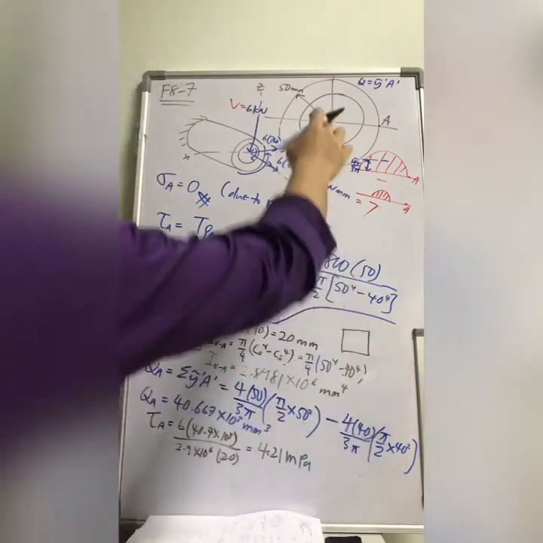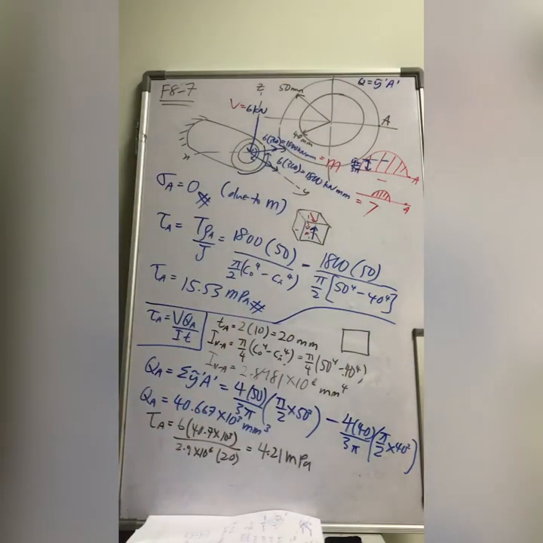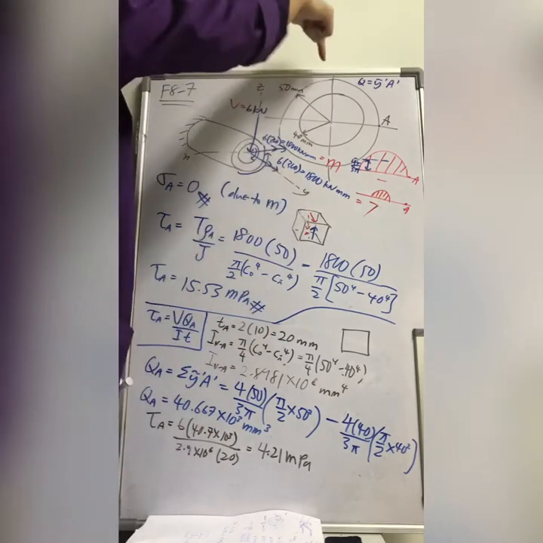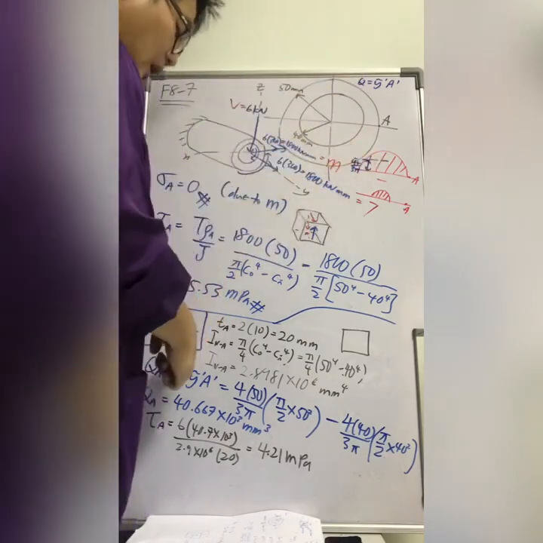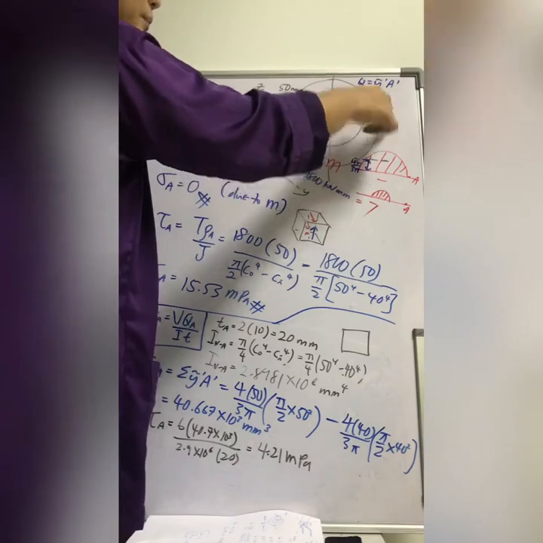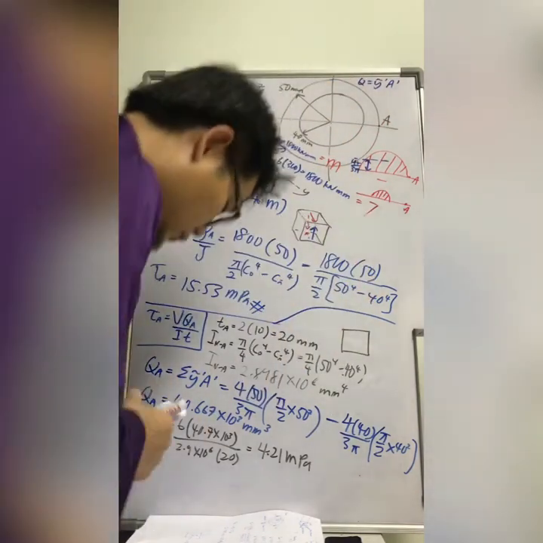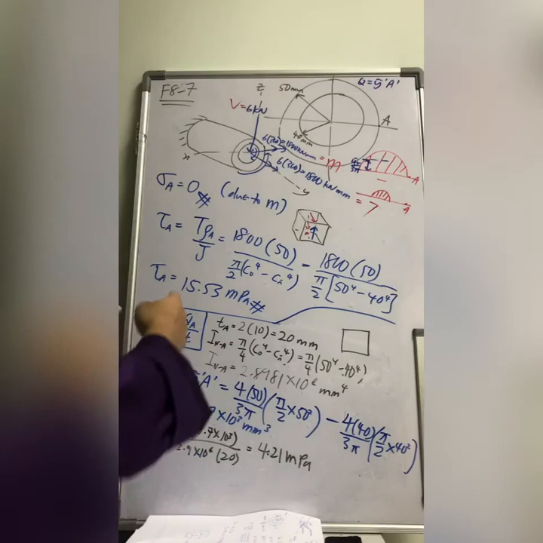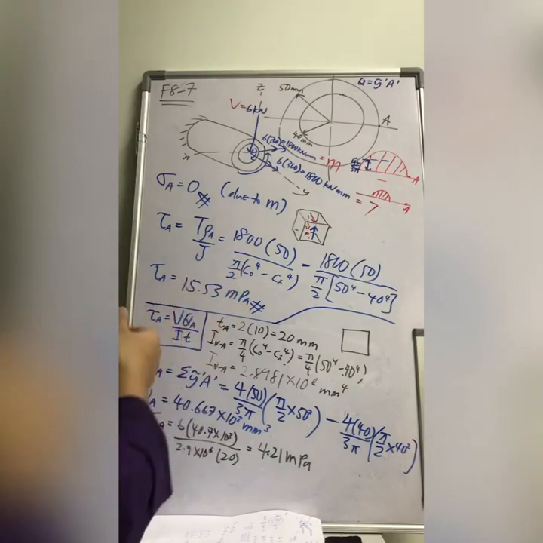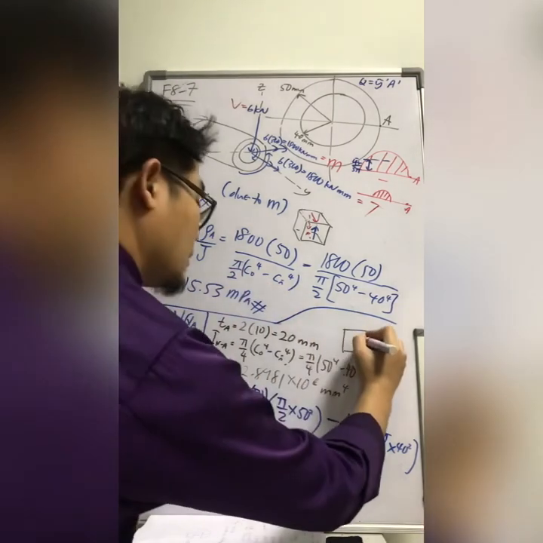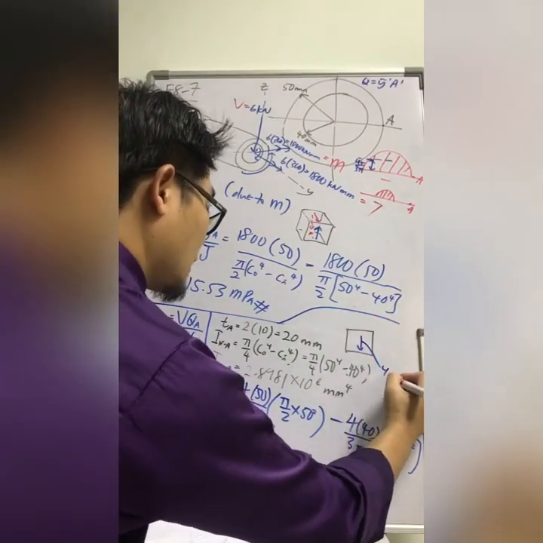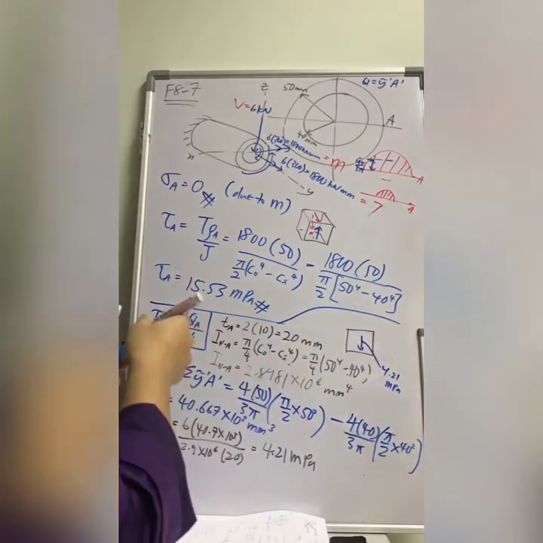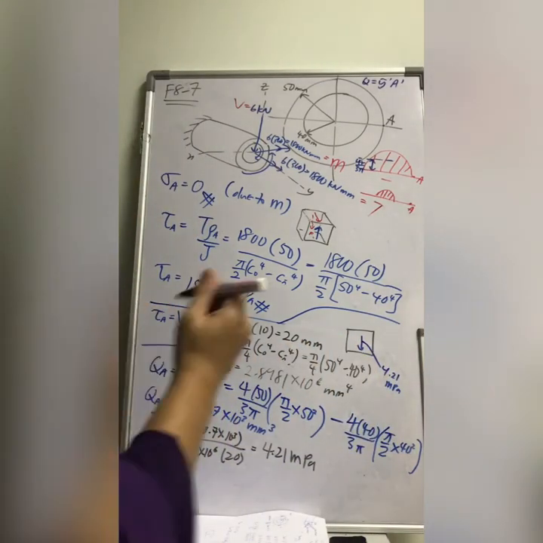Again, this is the surface of A. For this V goes down, so everything will go down for V. The tau due to V, everything will go down, including at point A. So this tau A due to V will go down with the magnitude of 4.21 megapascal. Please understand this, otherwise you will get the wrong answer later on.